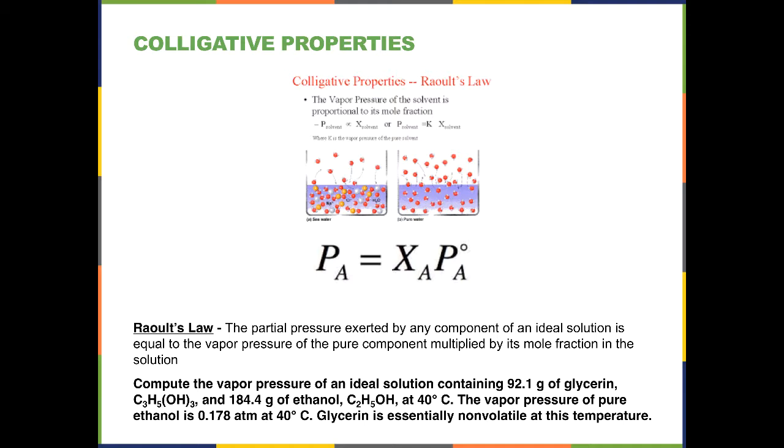Molecular weight, by the way, is 92, and 184.4 grams of ethanol. Both of these are at 40 degrees. Now, the vapor pressure of pure ethanol at this temperature is 0.7178 atmospheres. And it tells you to disregard the effect of glycerin, that it is essentially not volatile.